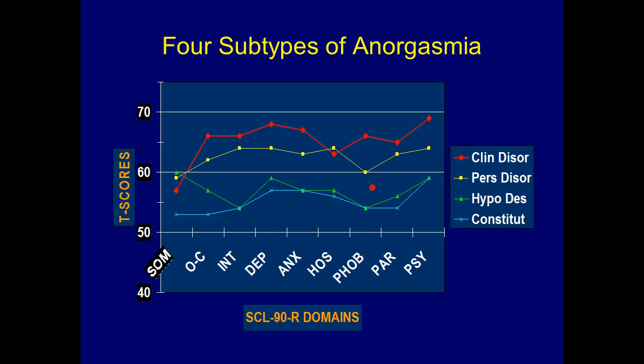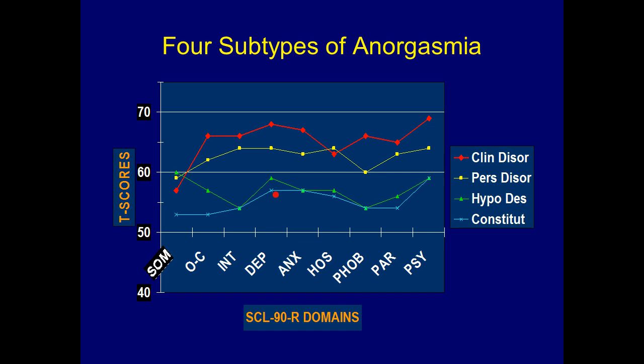Now, the other two were pretty much unremarkable in the sense that the green profile today would be diagnosed with hypoactive sexual desire disorder, but it was a diagnosis that didn't exist at the time these studies were done. They were anorgasmic because they had no sexual desire, or relatively little.